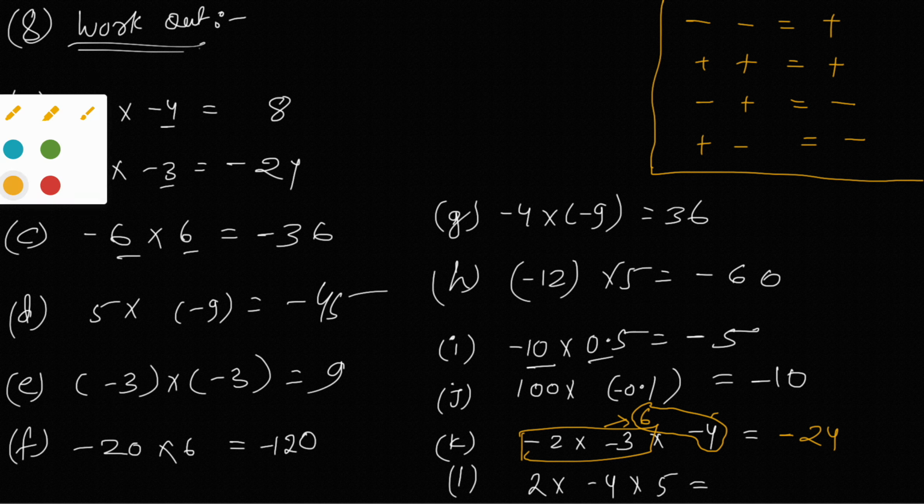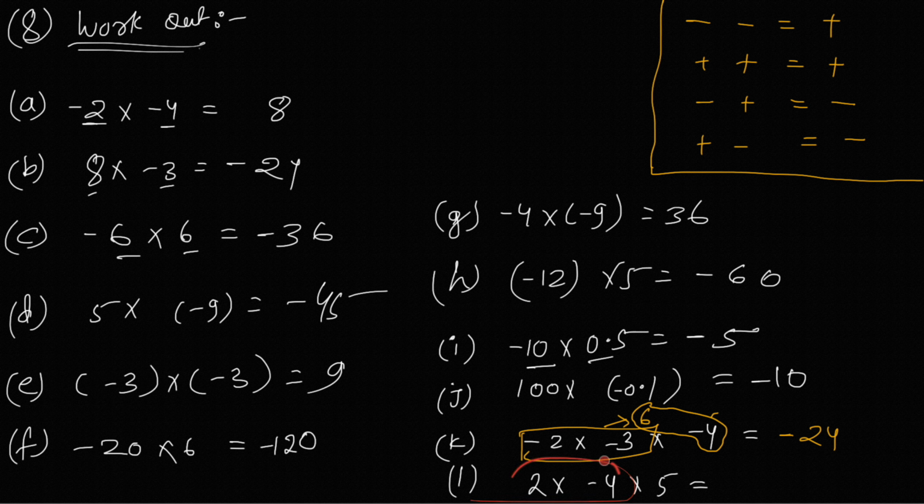Okay, now do the next one in the same way. 2 times 4 is 8, it will be negative 8, negative 8 and positive 5. So 8 times 5 is 40 and it will be a negative number. Okay, so we are done with question number 8.